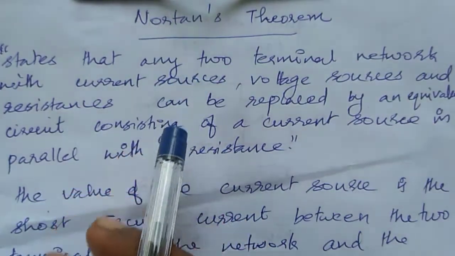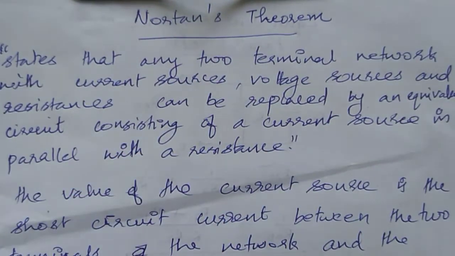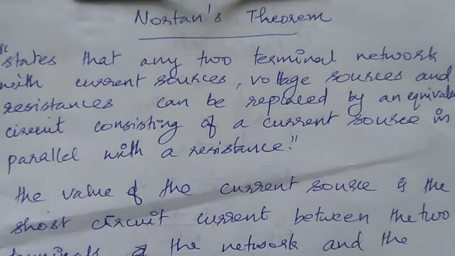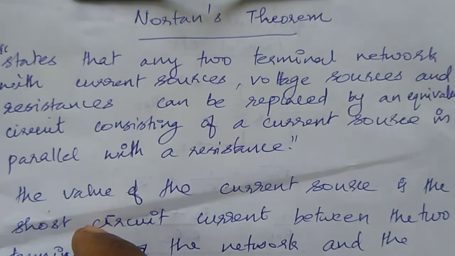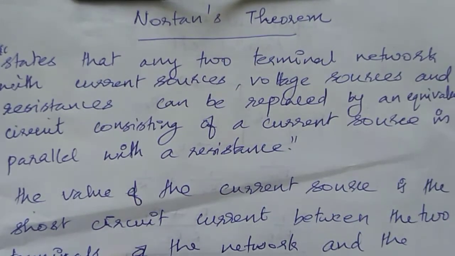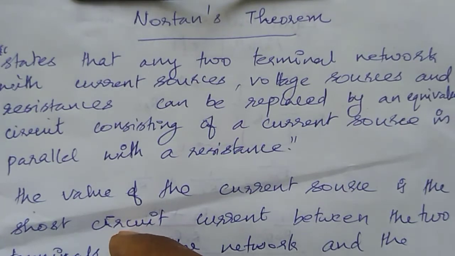This theorem states that, suppose our circuit contains a large number of resistances, voltage sources or current sources, whatever it may be, we can convert that complex circuit into a single circuit that contains a current source and a resistance connected in parallel with that current source.